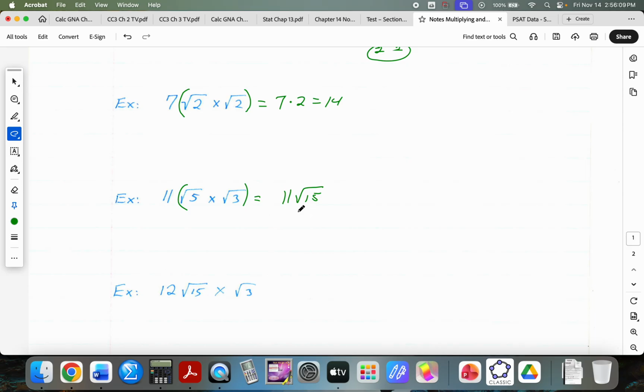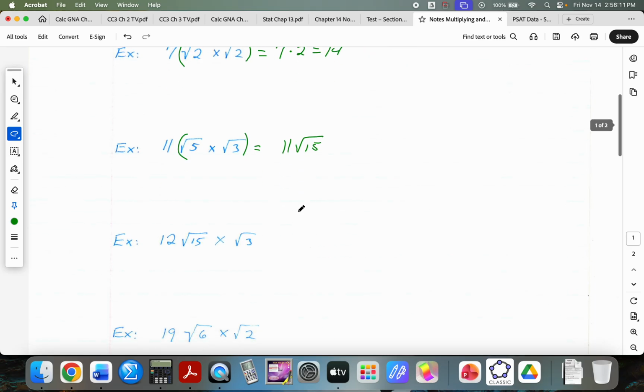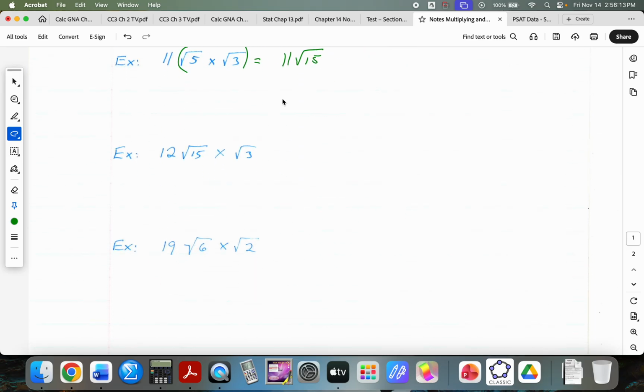As opposed to the next one that we're going to do, which doesn't turn out that way. The square root of 15 times the square root of 3. 15 times 3 is what? 45. So this is 12 square roots of 45. Now we need to simplify the square root of 45.